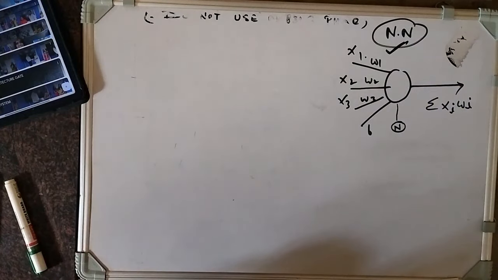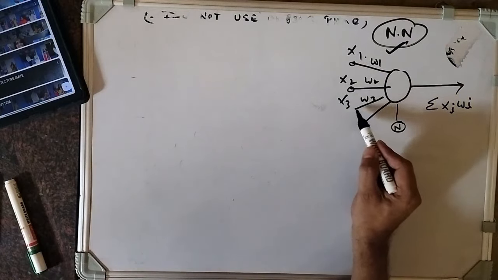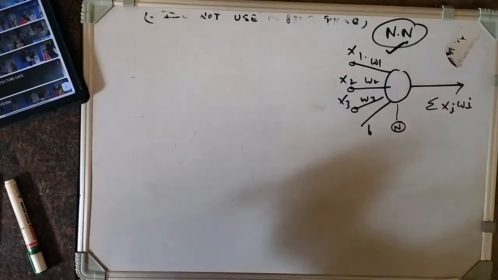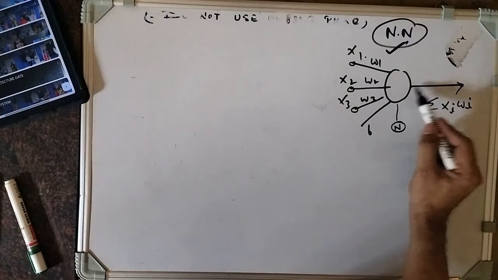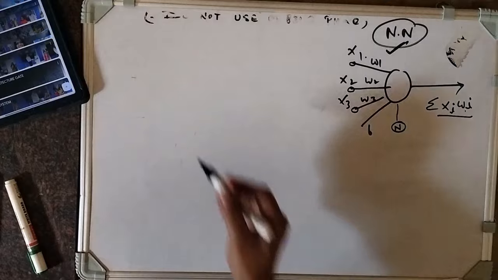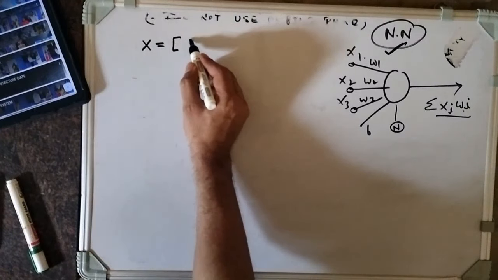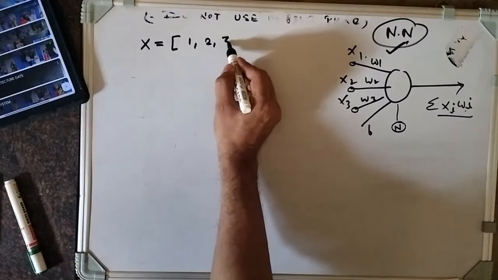This is only one neuron. These are input 1, input 2, input 3, and one bias. So this is one neuron and this is the output. I have written sigma of xi wi. What is the meaning of this? In Python, suppose I write x is equal to 1, 2 and 3. This is my list in Python.